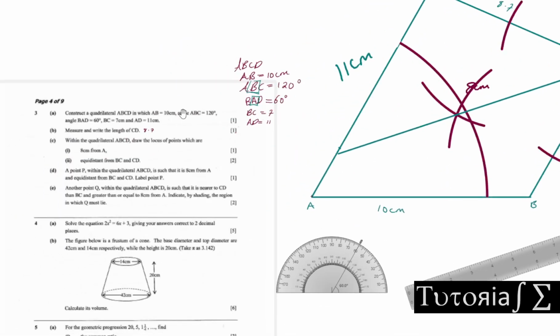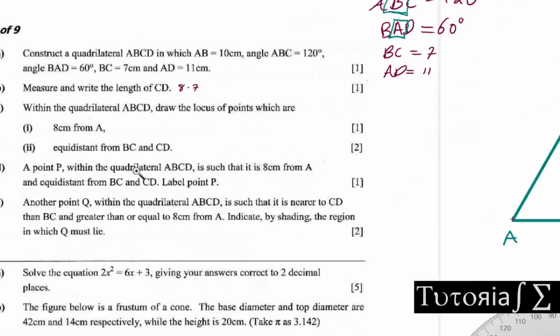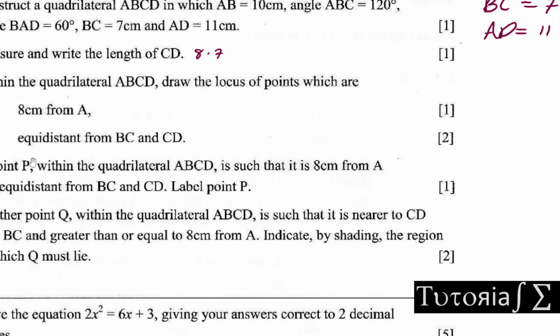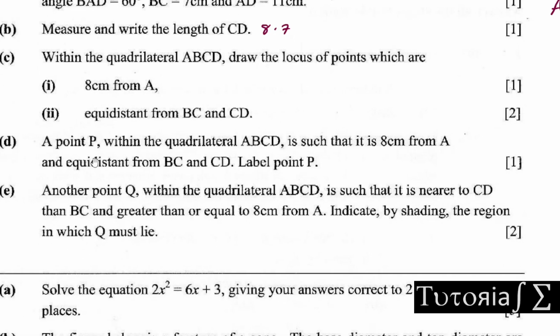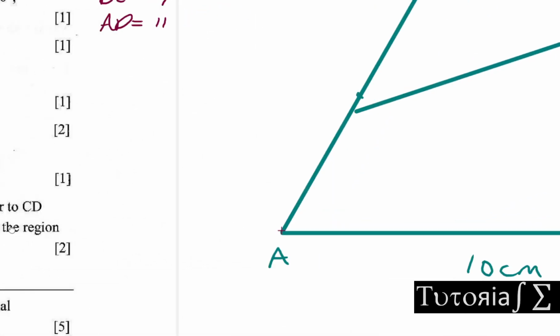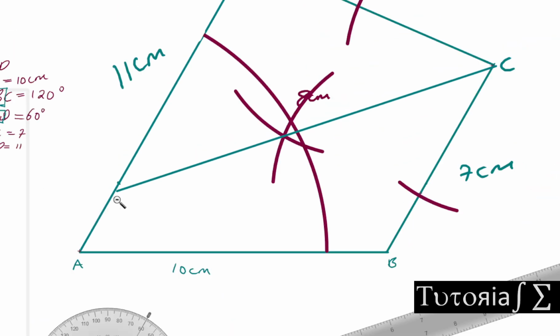But we do question number D. Point P within the quadrilateral is such that it is 8 centimeters from A and equidistant from BC and CD. The point is not an area, so a point is within the quadrilateral. Label the point P. We know that 8 centimeters from A is this line.